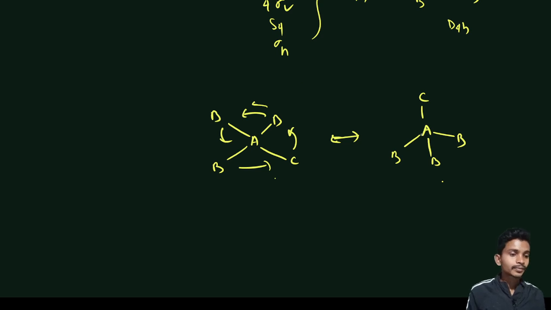So here you see that if I pass an axis through C3, then this is actually how it looks. This actually looks like these molecules. These three molecules are the same, and one is coming from here.